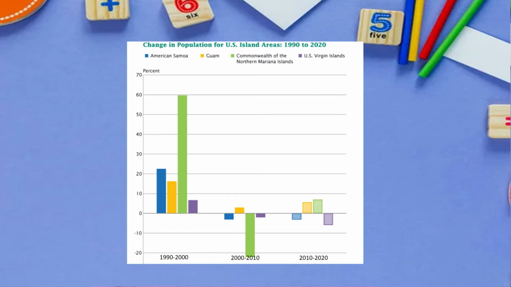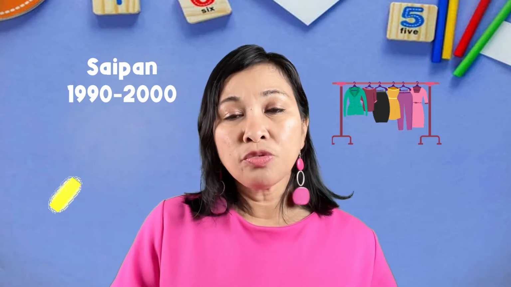From 2000 to 2010, it also saw the greatest change, an over 20% decrease. Now, what do you think could explain these population changes? Between 1990 and 2000, we saw an increase of population during this time because many of the people moved there from other countries to work in the garment factories.